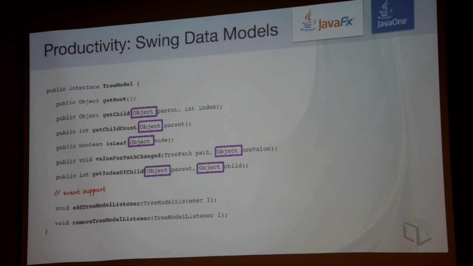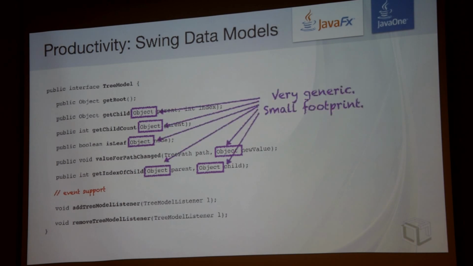These models also had advantages, because the models were written against objects. So basically you could take your business objects and maybe add some interface to it, and then you could reuse your objects for the model, which would save you a lot of memory. But at the same time, the interface was very generic and not so easy to read, and you had to write a lot of code.